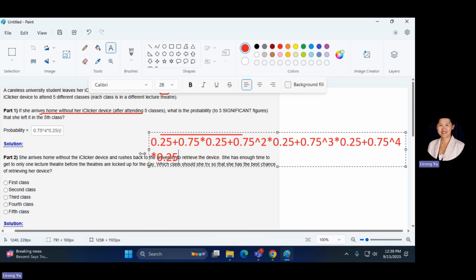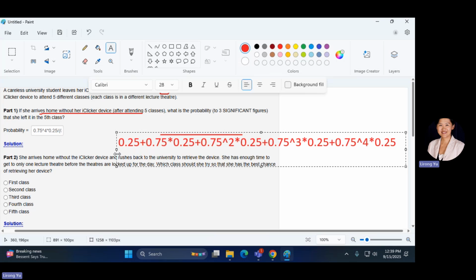Okay, and that should be basically the denominator, right? Is that how you calculated? I calculated it that way once, and I also did 1 minus the probability that she didn't leave it. That will be 1 minus 0.75 to the 5th. That will be one way, the other way will be the sum.